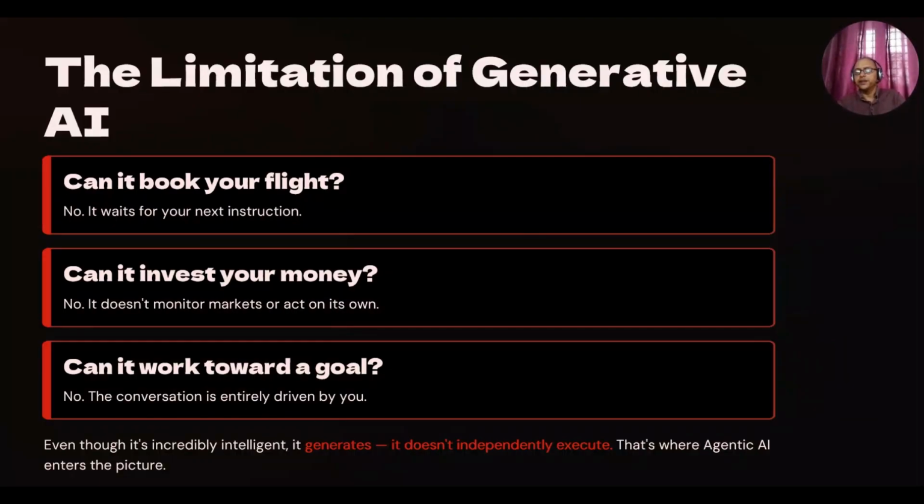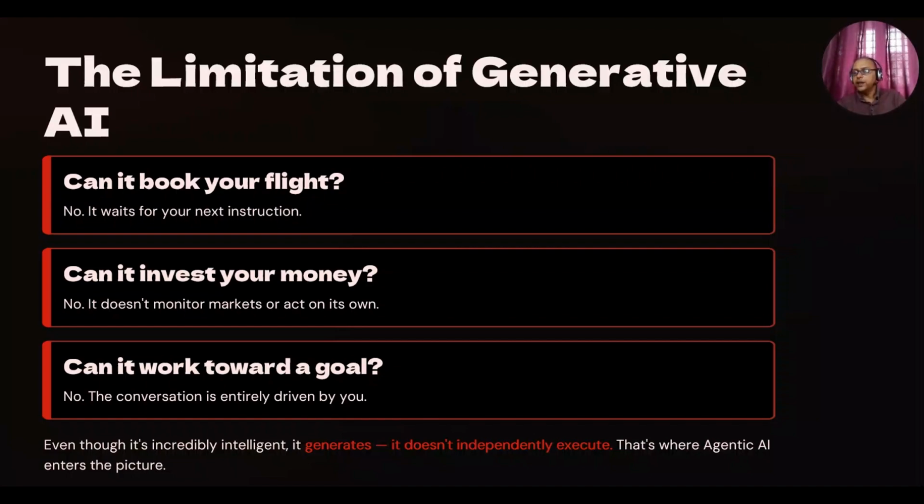Now, here's something interesting. Can ChatGPT independently book your flight? Can it decide to purchase something using your credit card? Can it monitor stock prices throughout the day and automatically invest when the market reaches your target price? Not really. It waits. It waits for your next instructions. You ask, it answers.